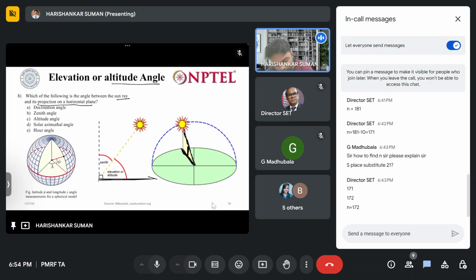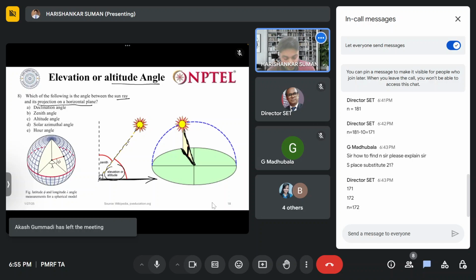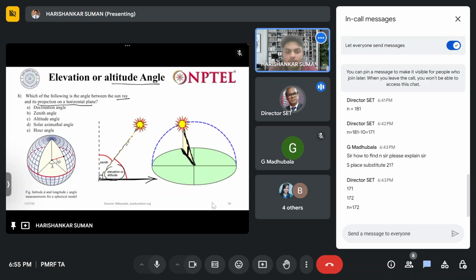This is the horizontal plane and this is the sun ray, known as, what is this? Are you able to see? Yes, it is altitude. So the answer is C. Yes, answer C is correct.